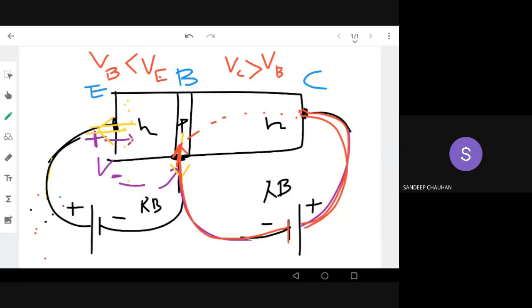Right? So this happens, there is no conduction in the diode, and this is called the cutoff region. So we have discussed two regions, cutoff and active region. The last region is called the saturation region. So we'll discuss what the saturation region is.